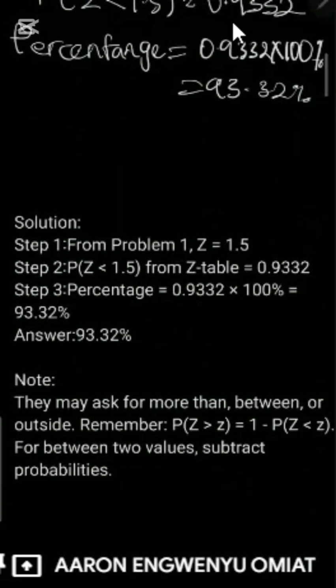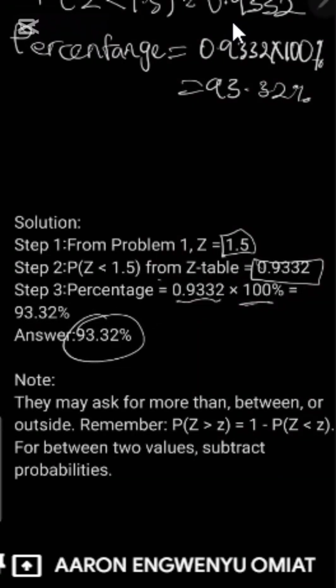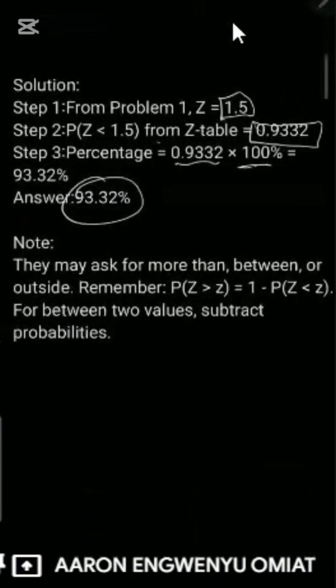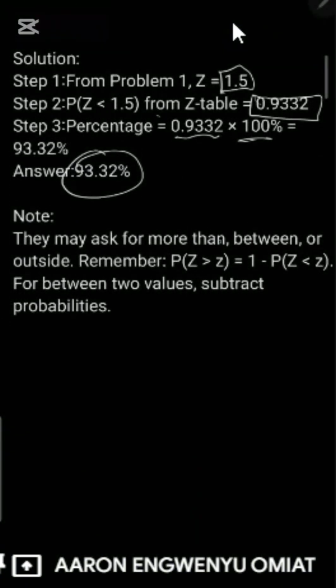Now, what we did, we got the Z score 1.5. We went to the table and we got the probability, which came to 0.933. Then I got the percentage by multiplying probability times 100%. And our answer was 93.32%. They may ask for more than, between, or outside. Remember, probability of Z greater than equals 1 minus probability of Z less than.